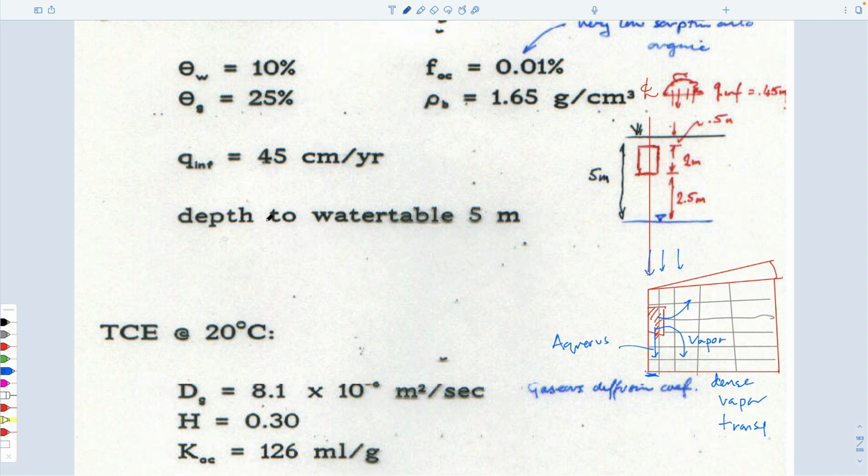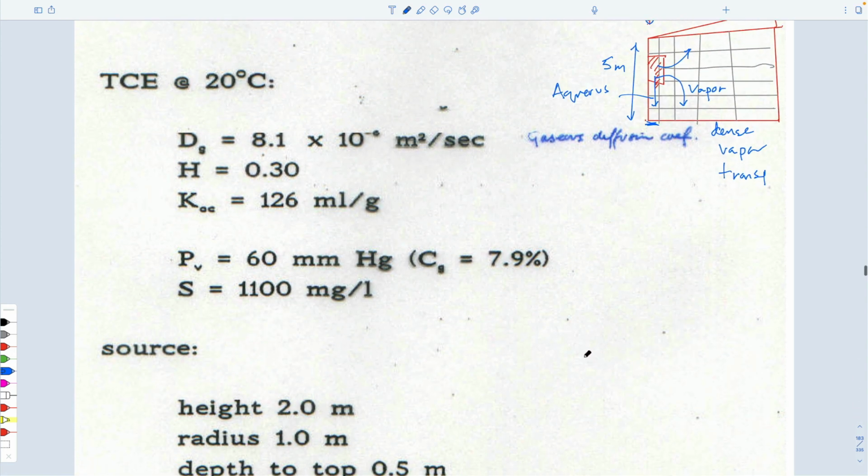So these are the kind of things that you need. I guess this is the 10% water moisture content, 25% gas content, fraction of organic carbon for Borden, super low, as we saw last time, less than 0.1%. Density of the aquifer, 5 meters depth, so this would be 5 meters here.